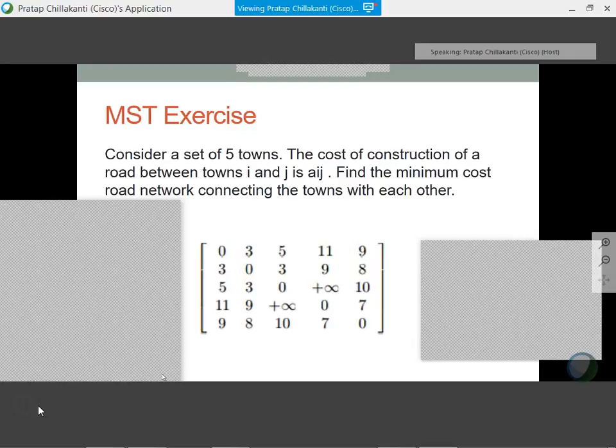Mentors, give groups of 2 again. I want you to solve this problem. Find the minimum cost road network connecting the towns with each other. Okay, how do you do that? I want you to think. It's obviously a minimum spanning tree exercise. So what is the first thing that you do?